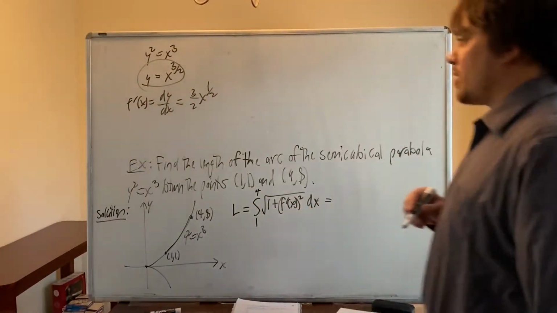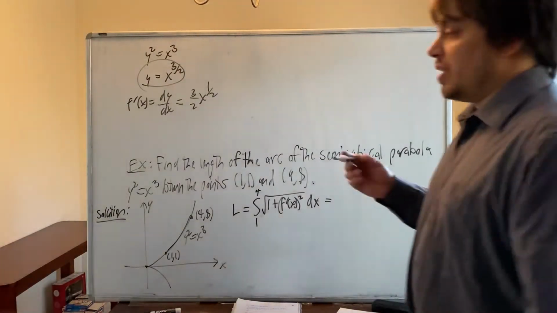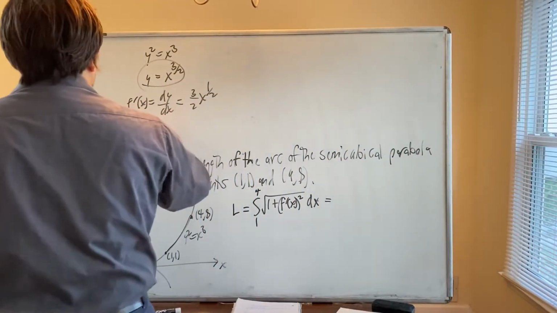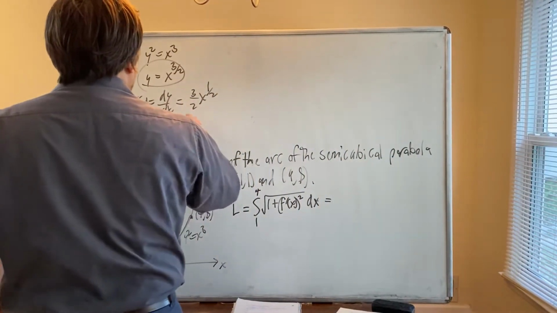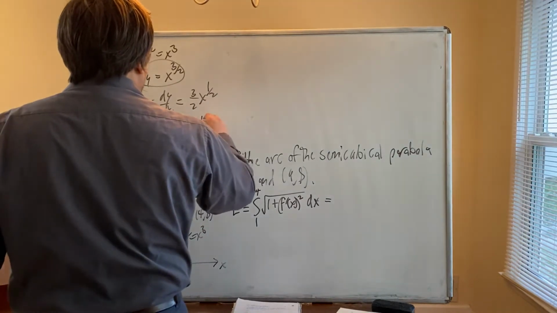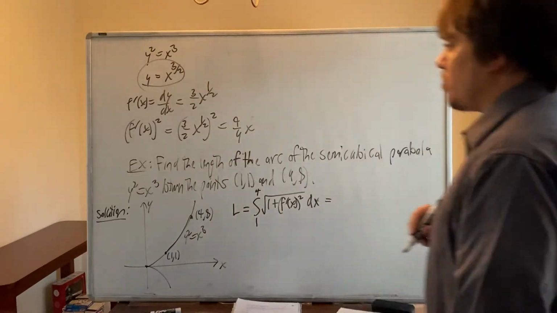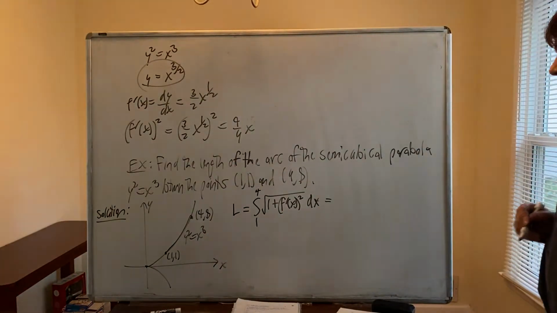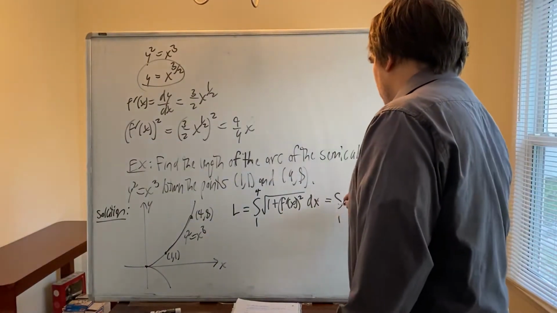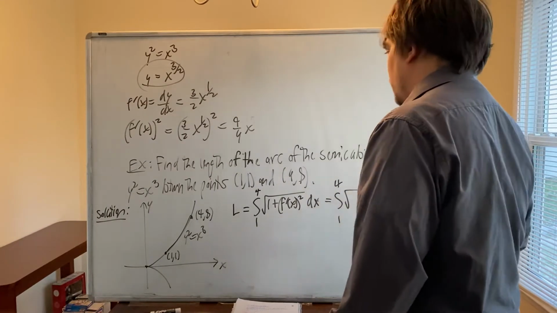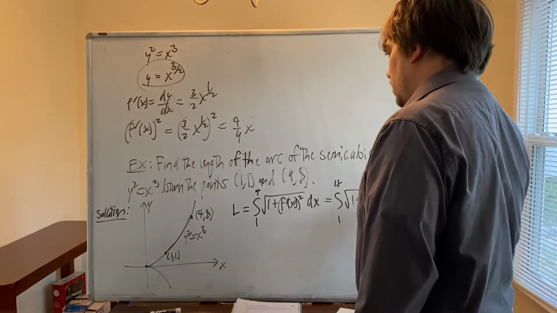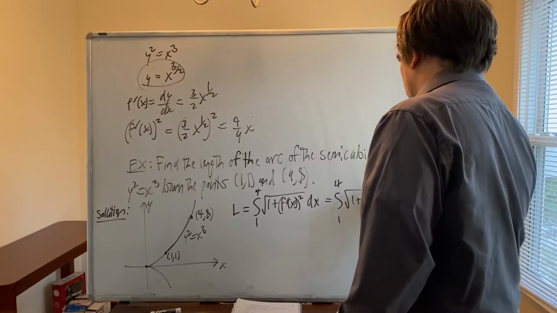And f prime of x squared is equal to 3/2 x to the 1/2 squared, which is 9/4 x. This is equal to the definite integral from 1 to 4 of the square root of 1 plus 9/4 x dx.